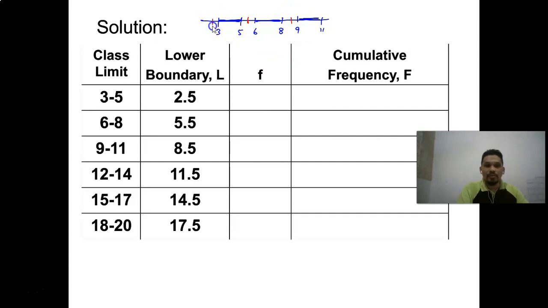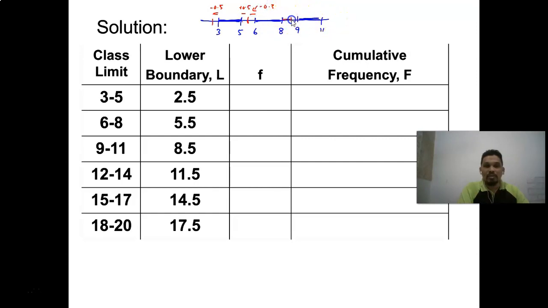So just imagine that between this gap, we subtract 0.5 from the lower class limit and add 0.5 to the upper limit. Between 5 and 6 we add 0.5 to 5, and to 6 we subtract 0.5.